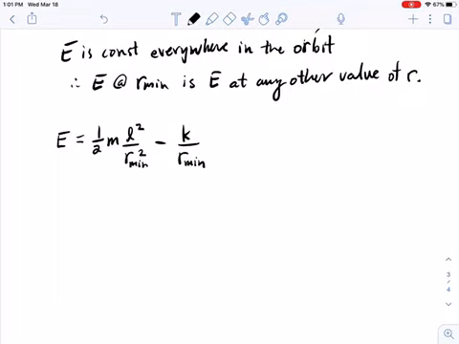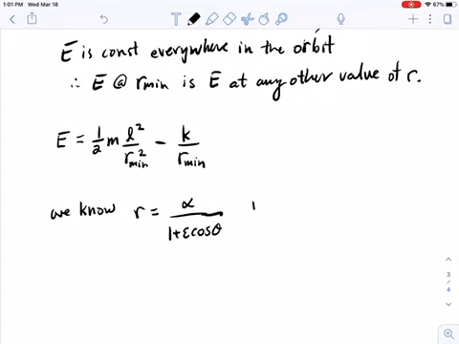So we know that r is equal to alpha over 1 plus epsilon cos theta. And when we were deriving this result, we said that we were going to choose theta such that theta equals 0 corresponds to the minimum value of r. That's how we set the value of that constant, theta naught.